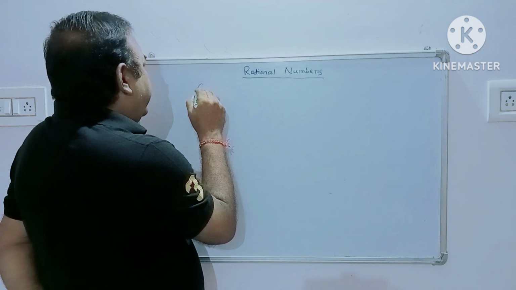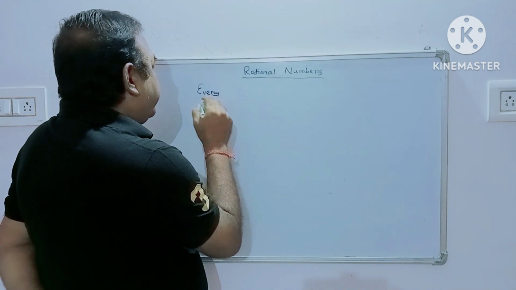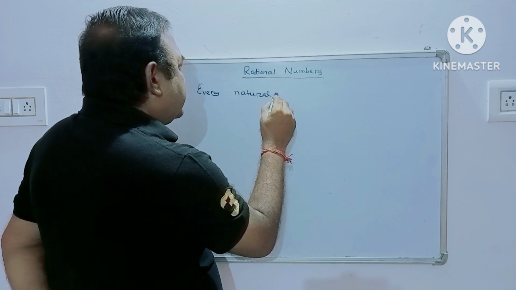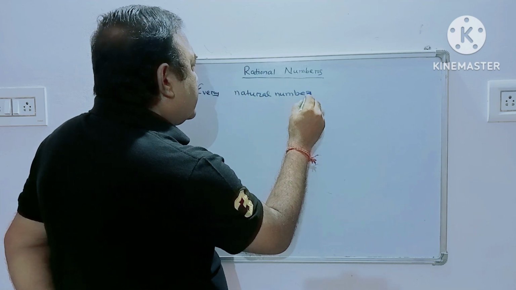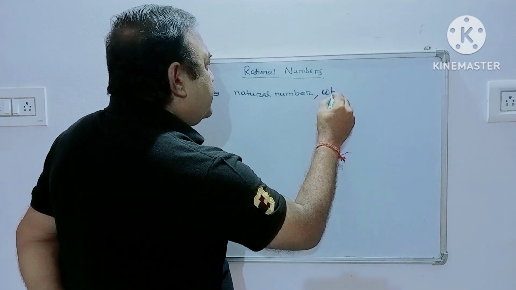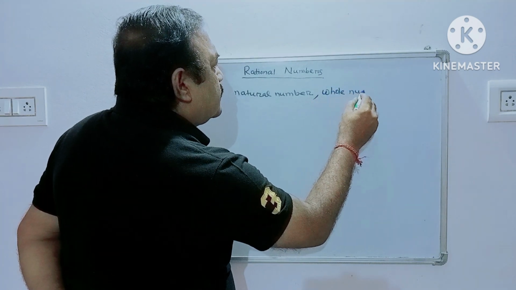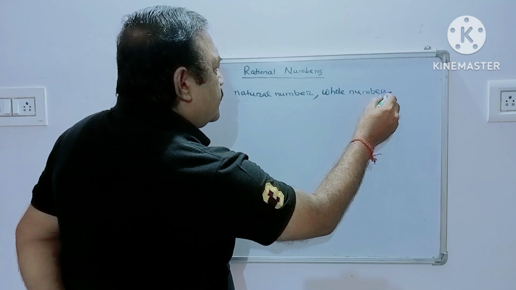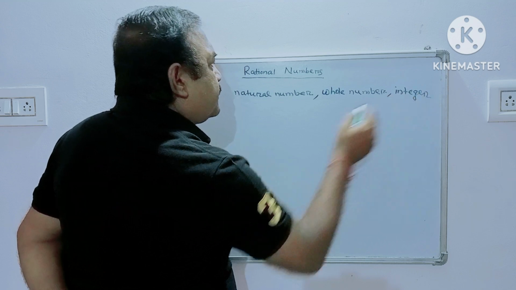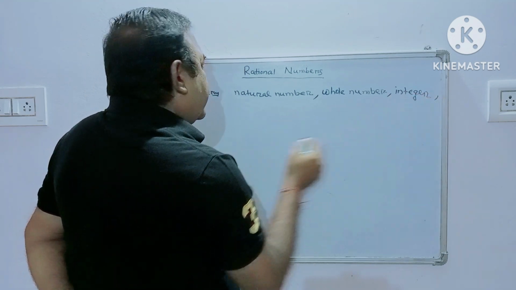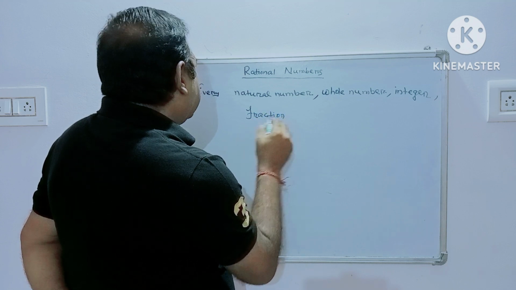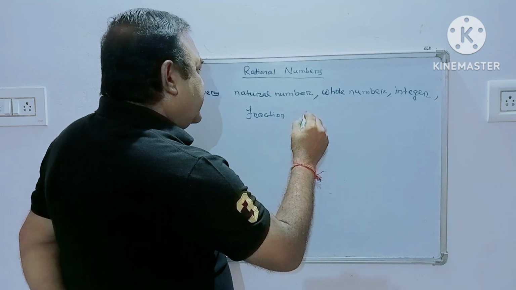You see, every natural number, whole number, integer, fraction, is a rational number.